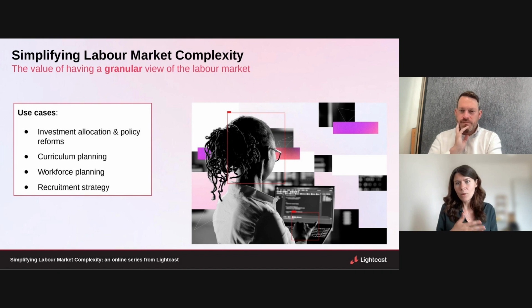And similarly, if you work in HR, so if you work in a company, you need to understand how to structure your workforce. And again, you need to go into this level of detail to understand your workforce planning and your recruitment strategy, because you don't just want to recruit for R&D in advanced manufacturing. You want to recruit for the specific roles. And so here we use the example of cyber to bring it home.